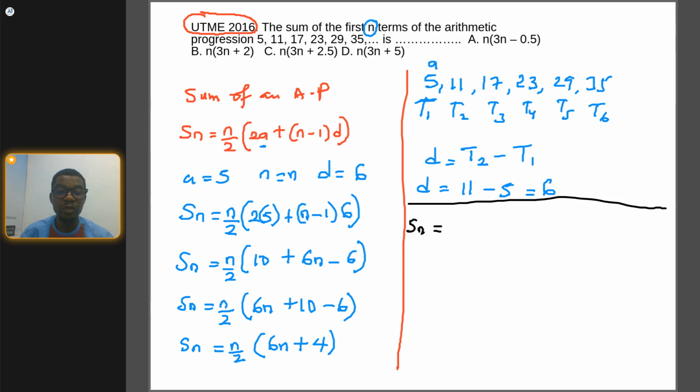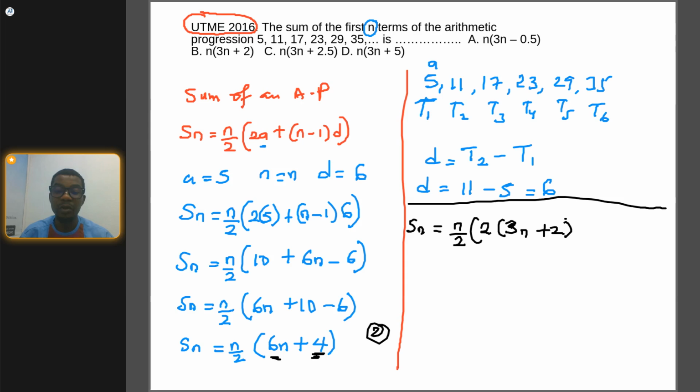Sn will now be equal to n over 2. Now we have 6 and we have 4. There's a common factor that can divide 6 and 4, and that factor is 2. So I can factorize 2 out by having this expression 2 in brackets. When you divide 6 by 2, you have 3n, plus, when you divide 4 by 2, you have 2.